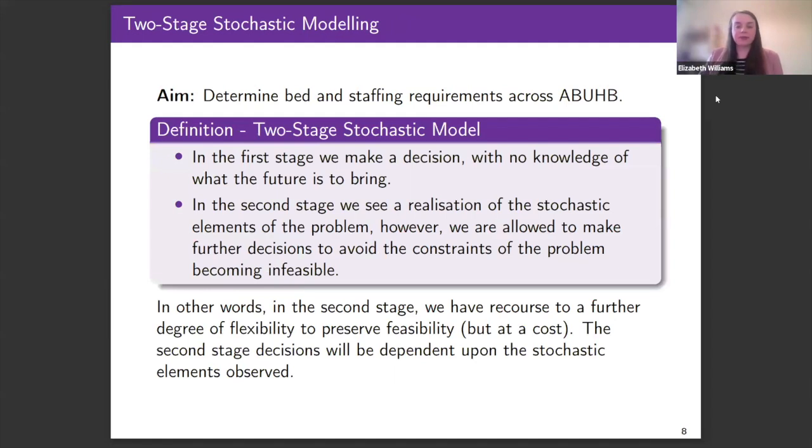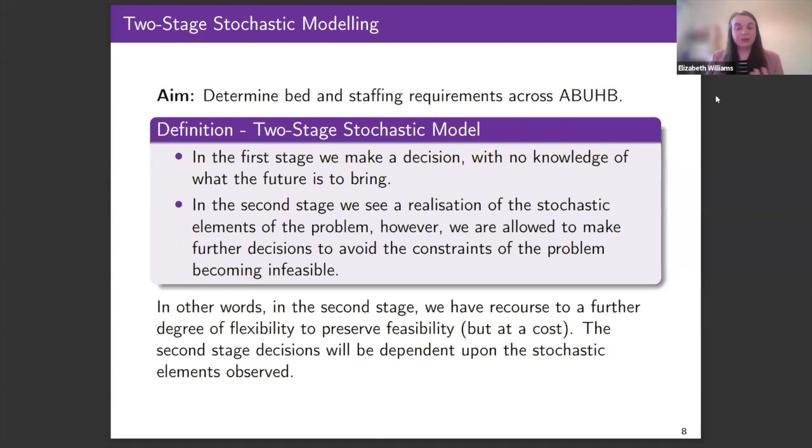So what we were able to do is take these 30 leaf nodes at the end containing these patients' information and push this into a 2-stage stochastic model. And this would be able to determine bed and staffing requirements across the Aneurin Bevan University Health Board. So 2-stage stochastic modelling, what is this?